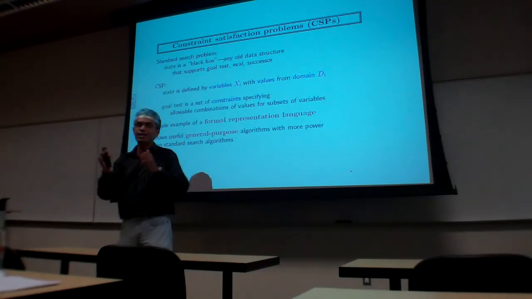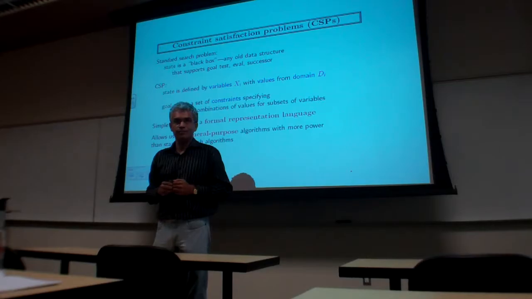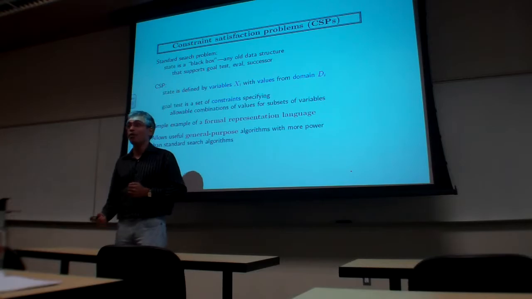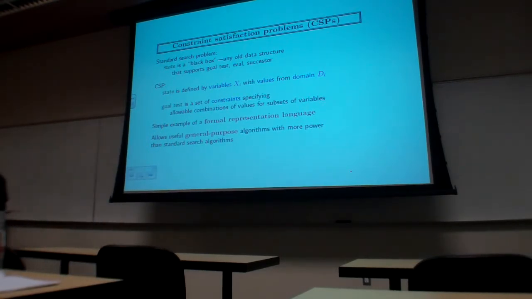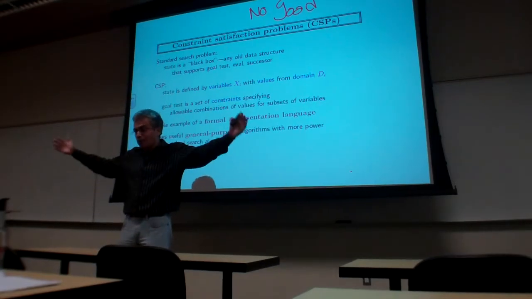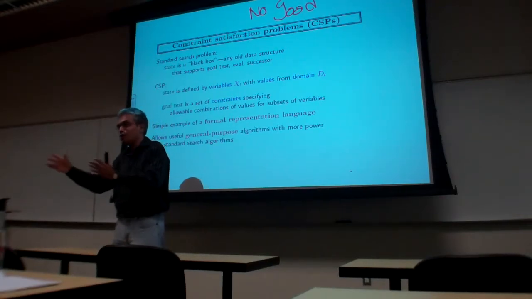You can either think only in terms of legality, so I give my partial assignment to the constraint and it says, yes, you're still legal. And equivalently I can think of my constraints as telling me what is no good. In fact, the word is no good. Okay. So a constraint can be a no good, which means that if your big assignment ever has x equal to a and y equal to b, it's no good.